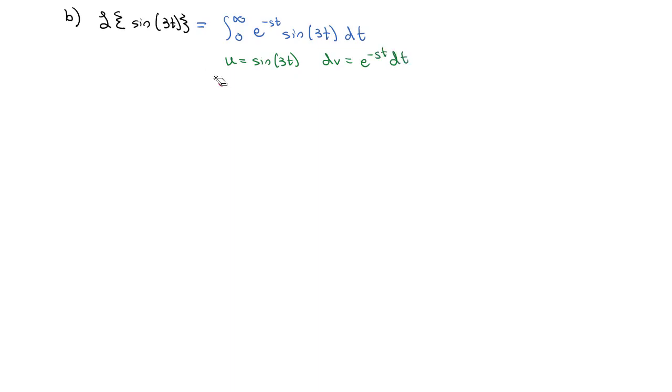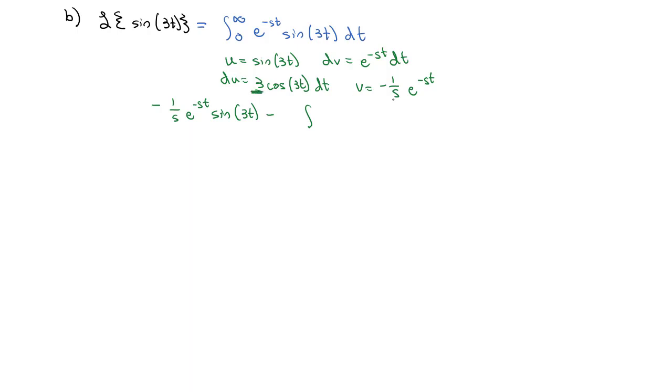That way, our du is going to be equal to 3 cosine of 3t dt. And v can be equal to negative 1 over s e to the negative st. Putting that together, we have u times v, which is negative 1 over s e to the negative st times the sine of 3t, minus the integral of v du.